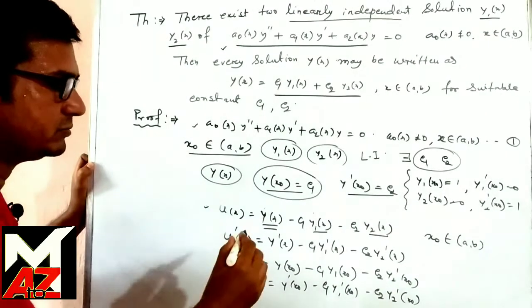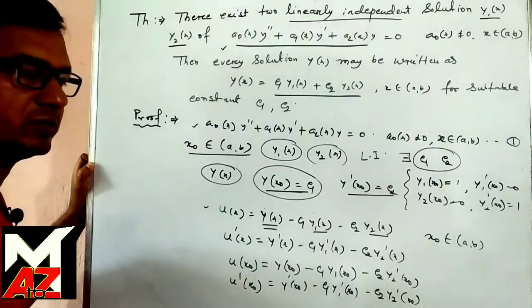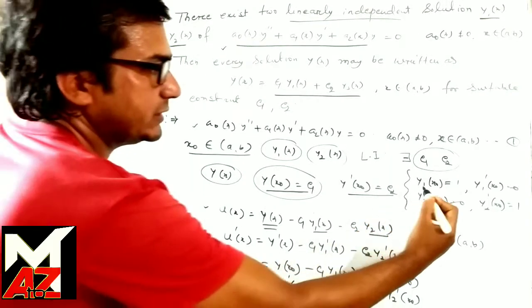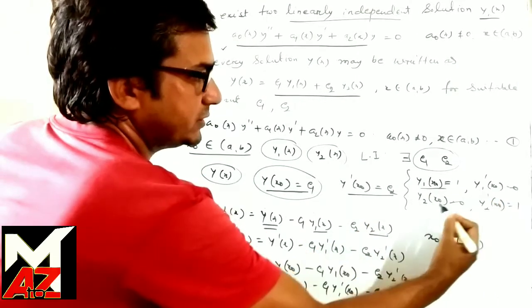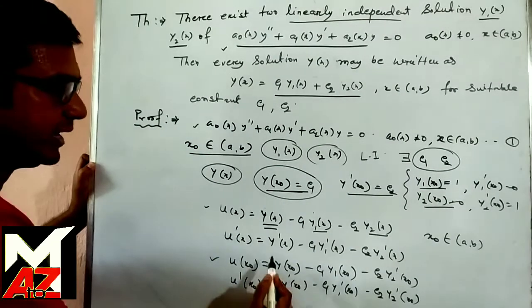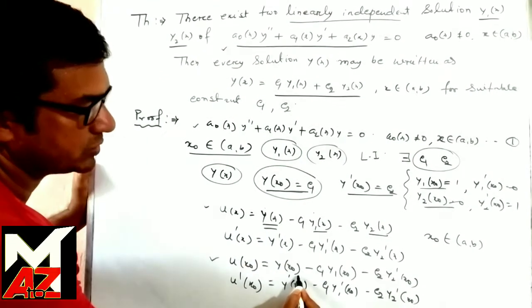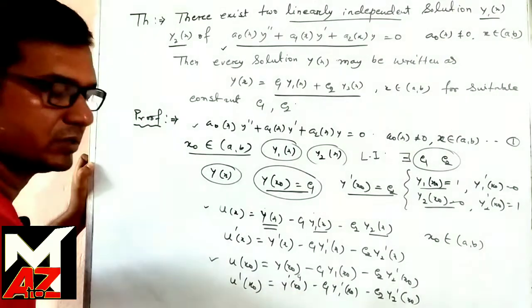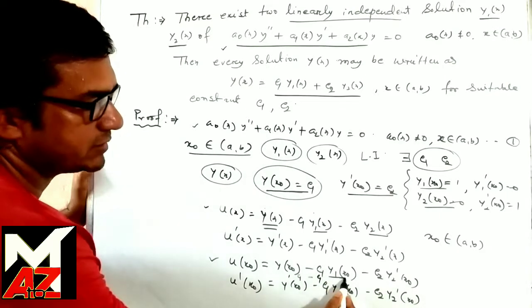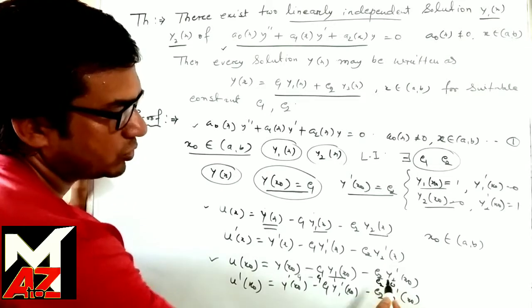Now putting this value, y of x0 equal to c1, and this value and this value here, we get c1 minus c1 times 1 and c2 into 0.